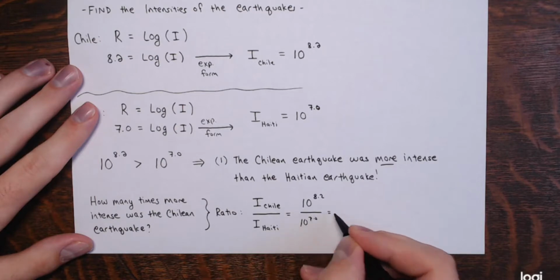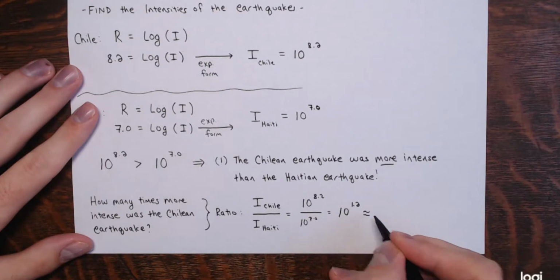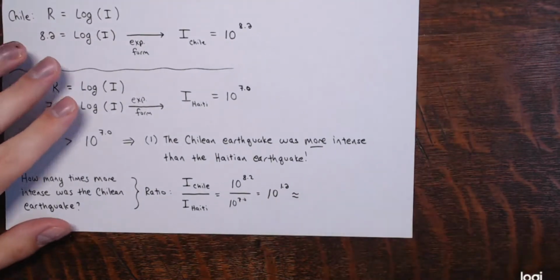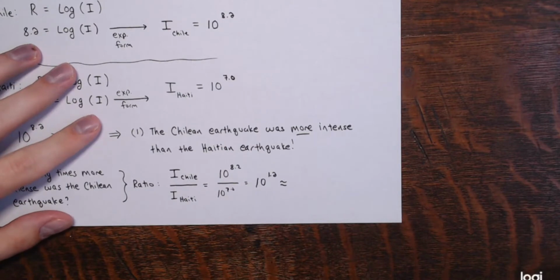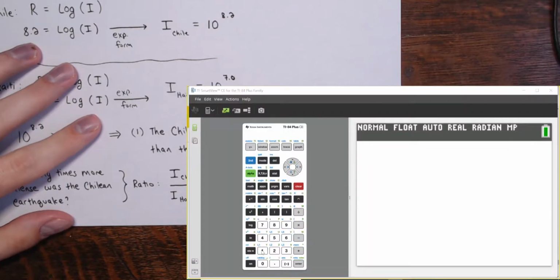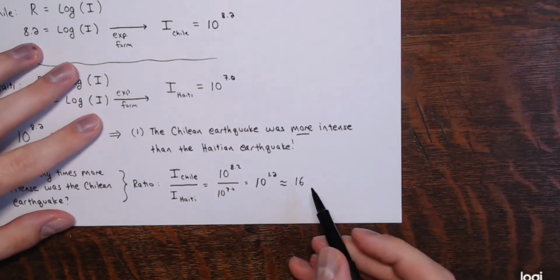That's 10 to the 1.2 power, which if I go to a calculator, I got a TI-84 here, 10 to the 1.2 power is about 16 if I go to the nearest whole number. About 16. So this is approximately 16.